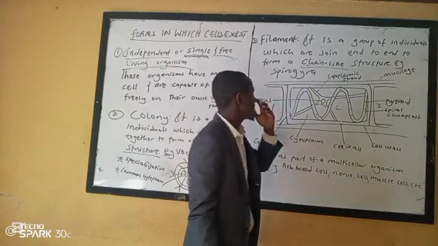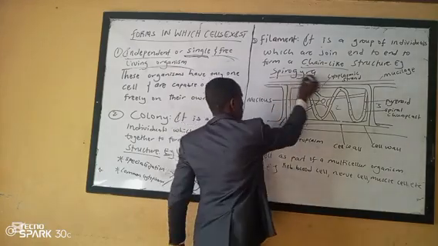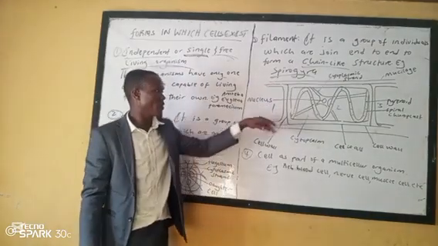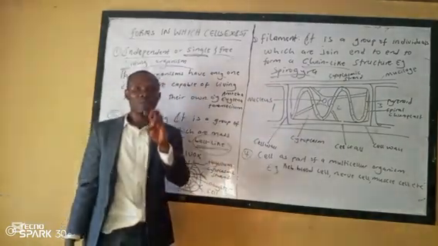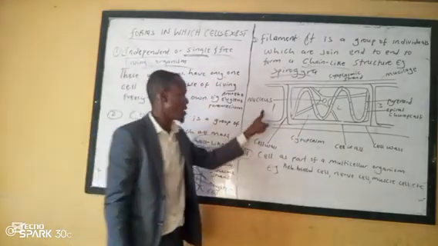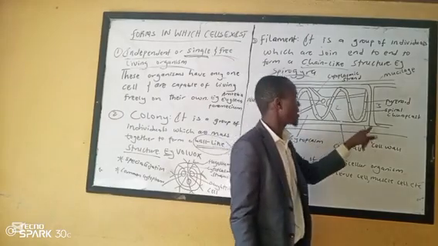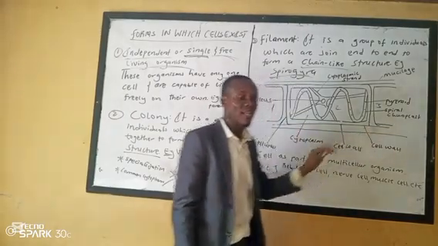So an example of a filament, we have Spirogyra here. So this is the diagram of it, and in here we just have three filaments. Number one, which is half drawn, and this is number two, which is fully complete, and this is the third one here.